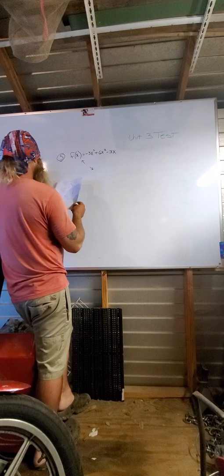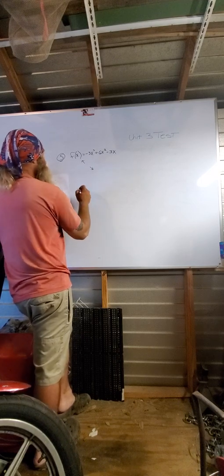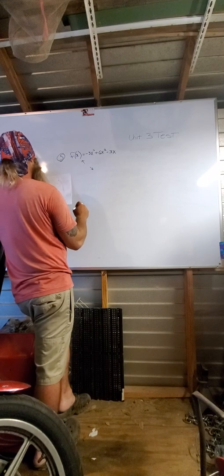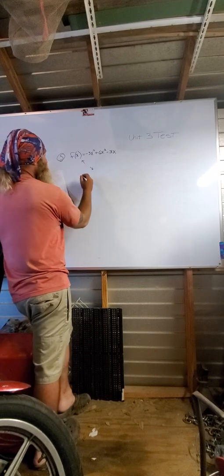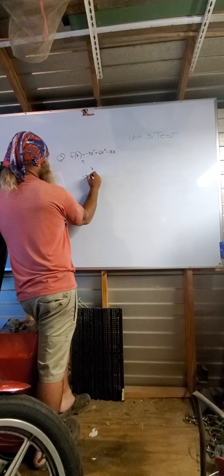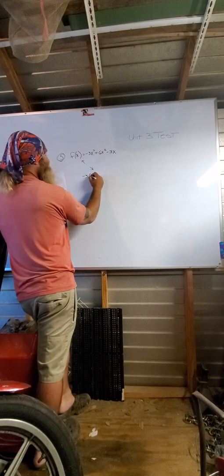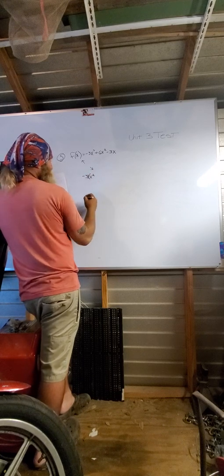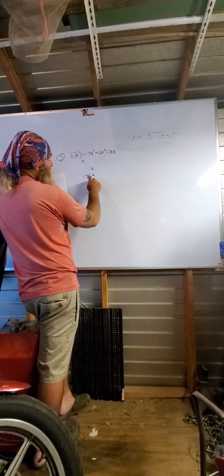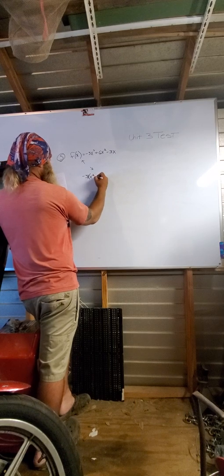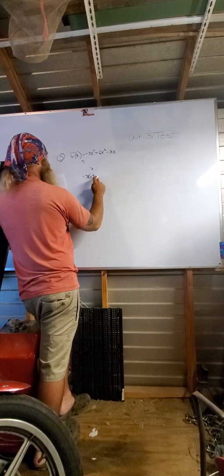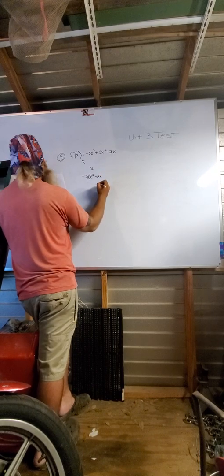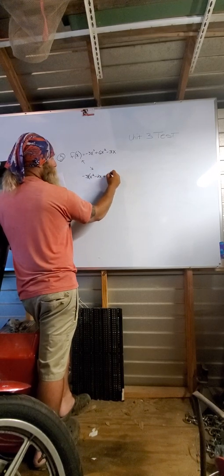The next thing we're going to do is find our zeros. So if we factor out a 3x, we're left with x squared minus 2x plus 1.